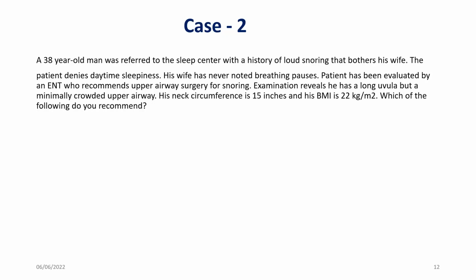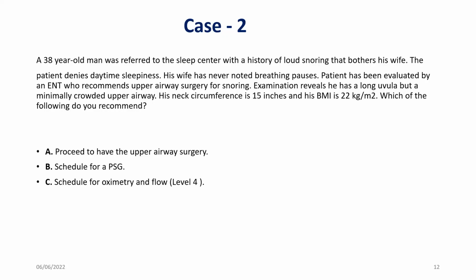His neck circumference is 15 inches and his BMI is 22 kg per meter squared. Which of the following would you recommend as per what we have learned in the last 8 to 10 slides? Proceed to upper airway surgery, schedule a PSG, schedule oximetry and flow level 4 study, or schedule an unattended level 3 study.